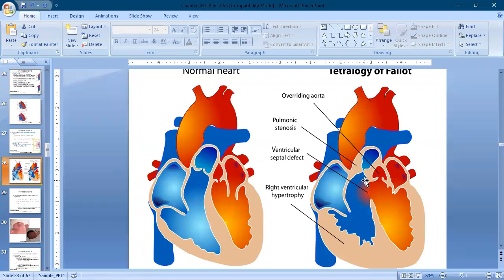Another problem here: an overriding aorta. So all of these four problems together are called tetralogy of Fallot.